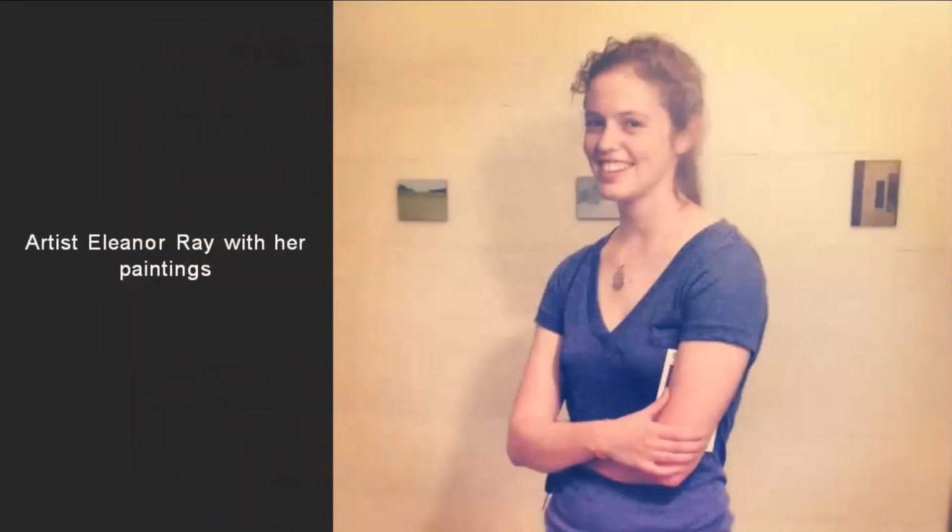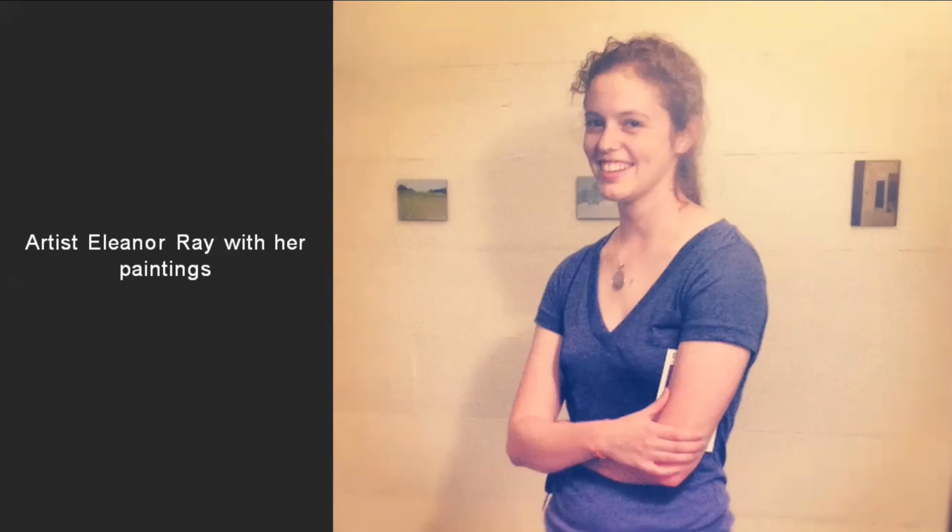Here's a painter, Eleanor Ray. She's a contemporary painter, and I included this photo of her because you can see behind her her paintings, and you can see how large they are. They're quite small. These are probably around 3 by 5 inches or so, perhaps a little bit bigger, up to maybe 7 inches at the most, but they're quite small.